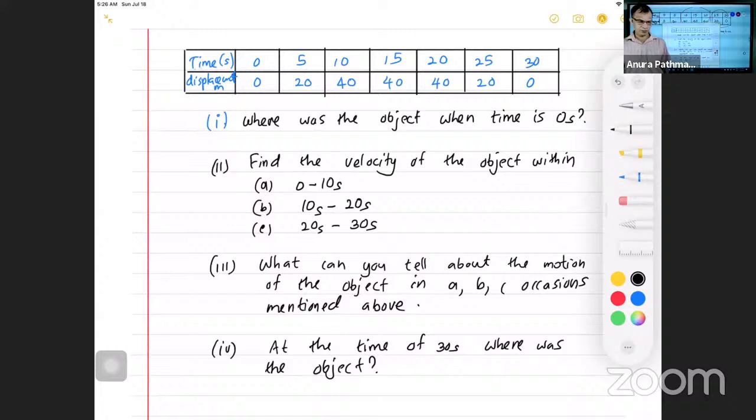First one, where was the object when time is 0 seconds?